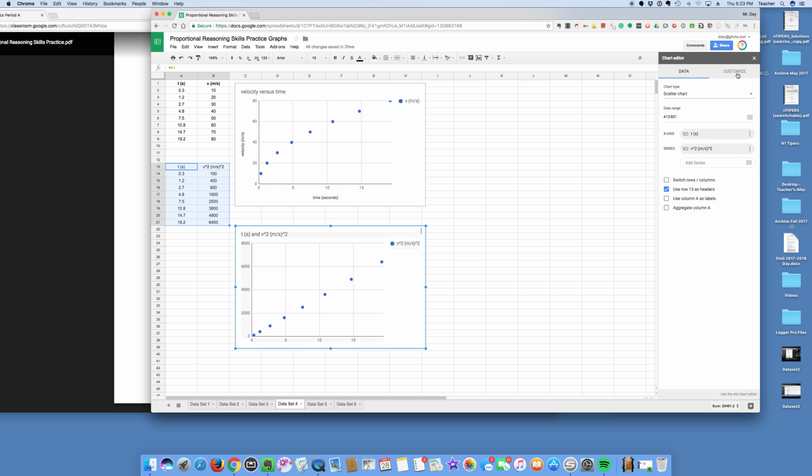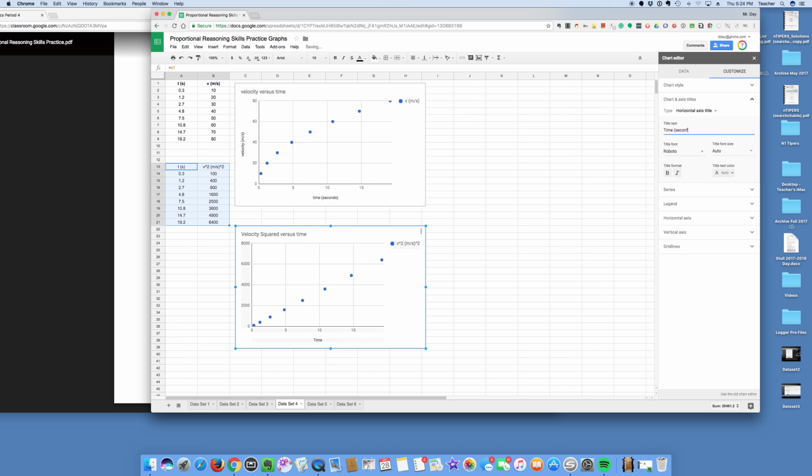Let's label this. So this is a graph of velocity squared versus time, right? And then my horizontal axis is time, in seconds.